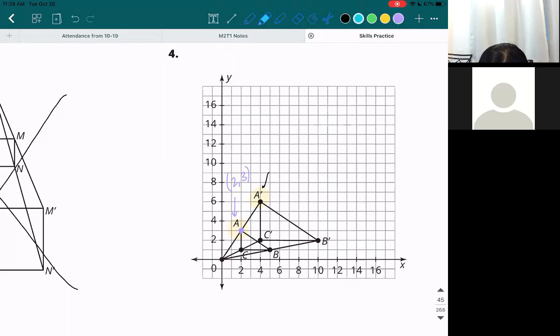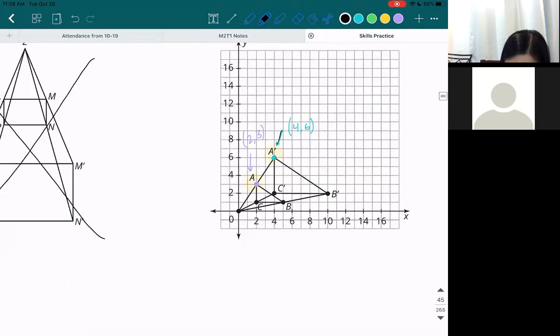And then let me do A prime. The coordinates of this one are 4, 6. Any questions up till here? Okay. No, we're good.